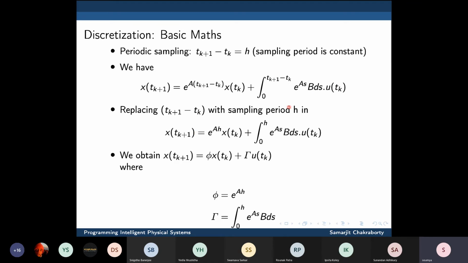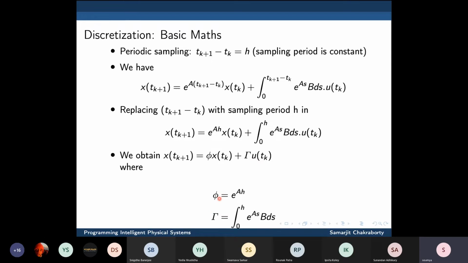If I take this equation, I can now write it in a form where I have x(tk+1) in an expression built with x(tk) and u(tk), with two more matrices.